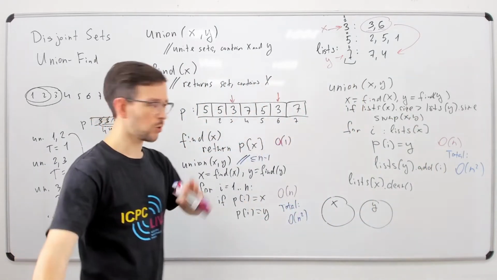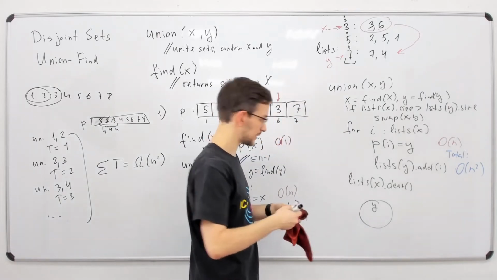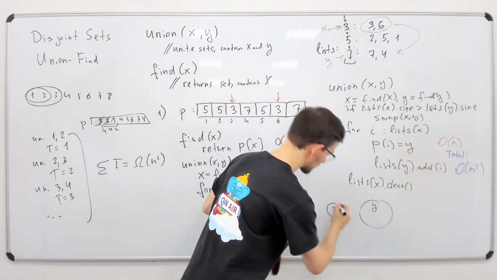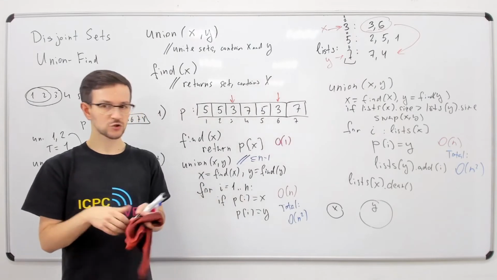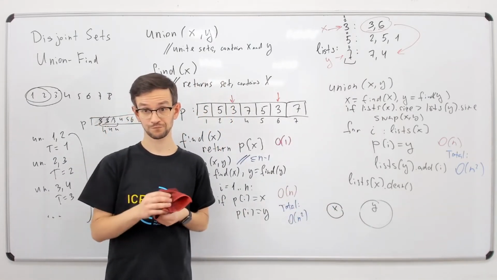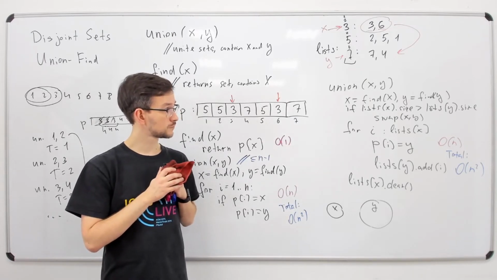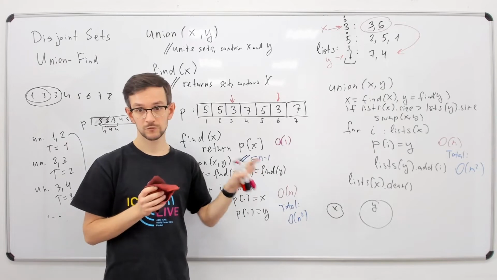And now x is always the smaller of the sets. So we always take the smaller set and transfer the elements to the bigger set. That's the whole trick. Quite easy, right?